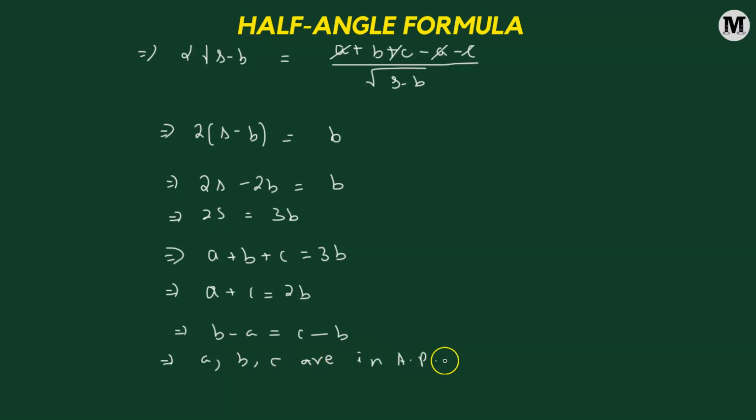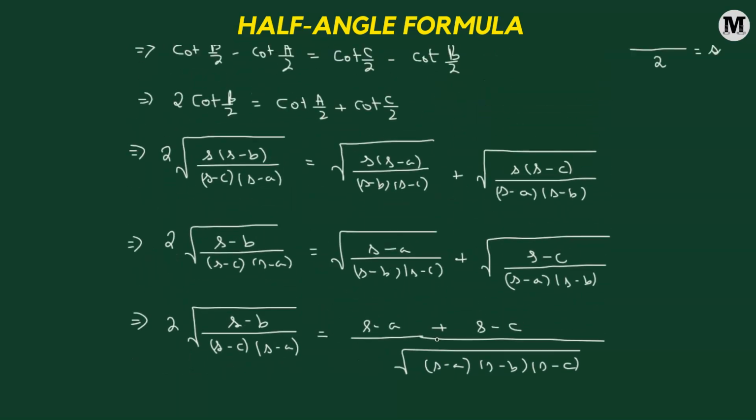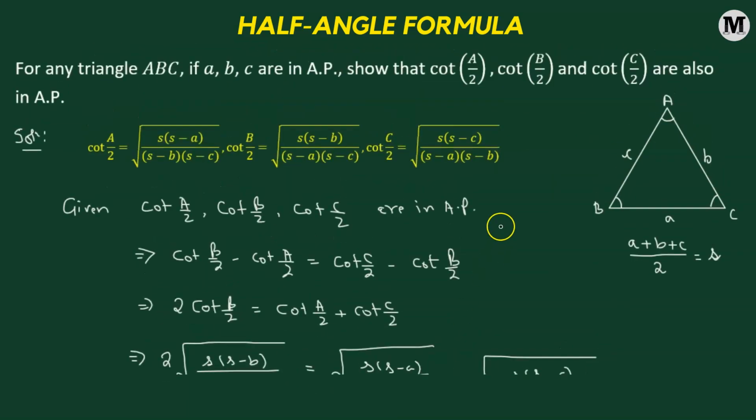So we started out by considering that the three half angle cotangents, cotangent of A over 2, cotangent of B over 2, and cotangent of C over 2, are in arithmetic progression, and we were able to show that a, b, c are in arithmetic progression. However, in this problem, it is given already that a, b, c are in AP, and we had to show that these three terms are in arithmetic progression as well. That means, given the premise that a, b, c are in AP, we have to conclude that these three terms are in arithmetic progression as well. However, we took an alternative approach.